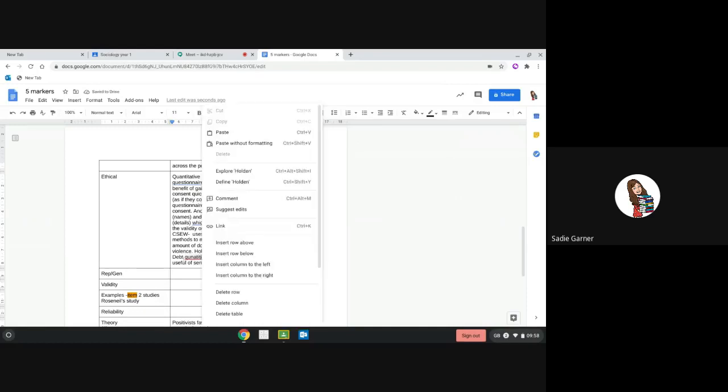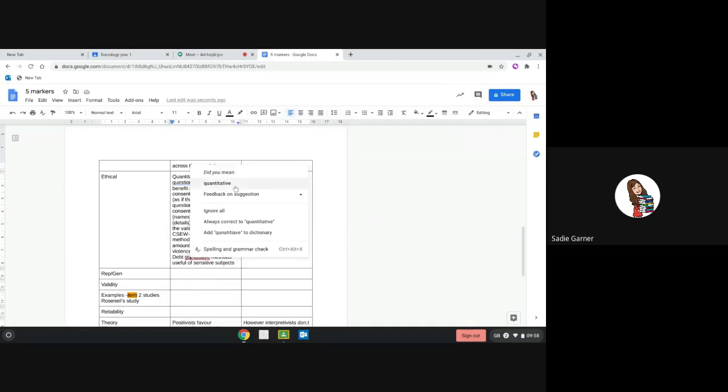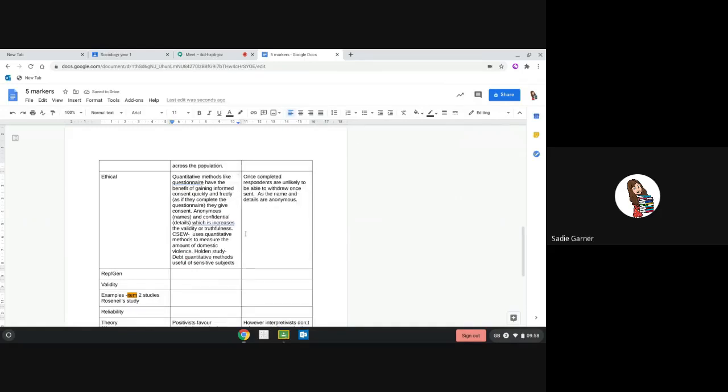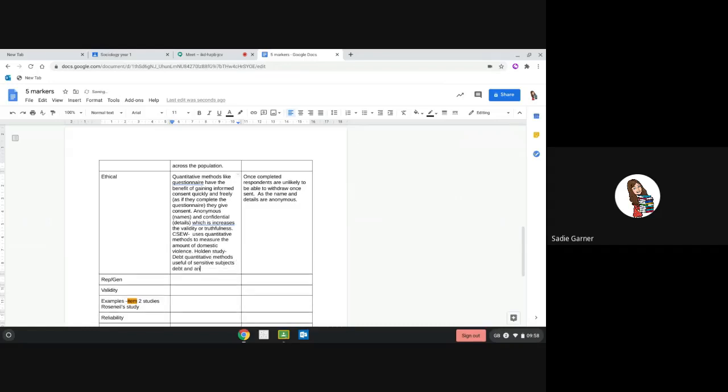It's highlighting that quantitative methods can be very useful for sensitive subjects around issues of debt and anxiety. That way I've done my second study.